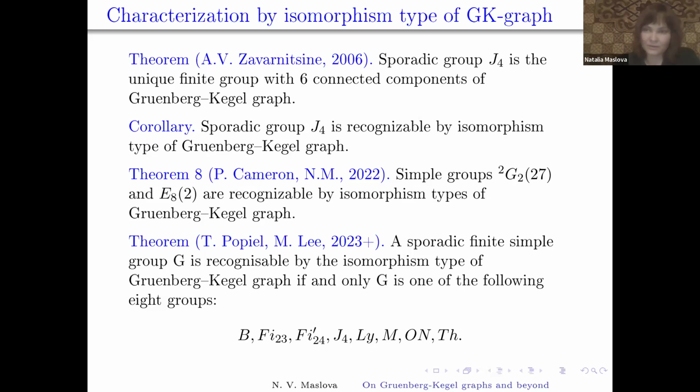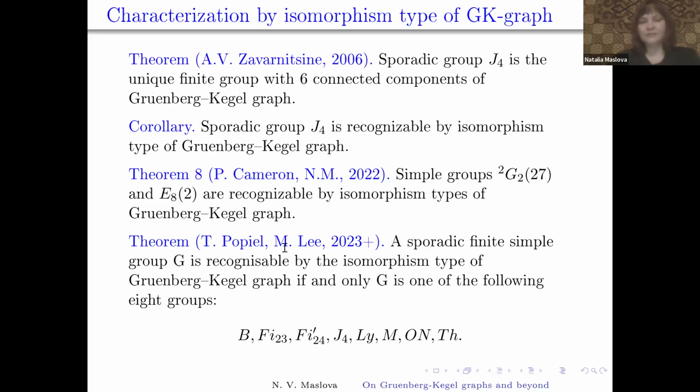And as a corollary, this group is uniquely determined by isomorphism type of its Gruenberg-Kegel graph. Another 2 examples were constructed by me and Peter Cameron around 3 years ago. They have proved that exceptional groups of Lie type G2, 2G2(27) and E8 are recognizable by isomorphism types of the Gruenberg-Kegel graphs.